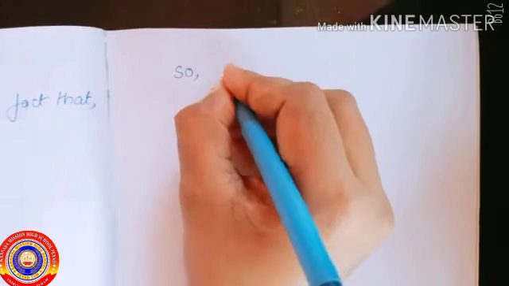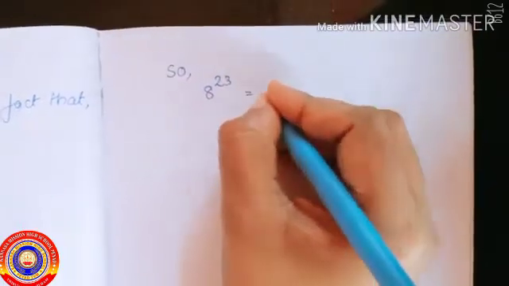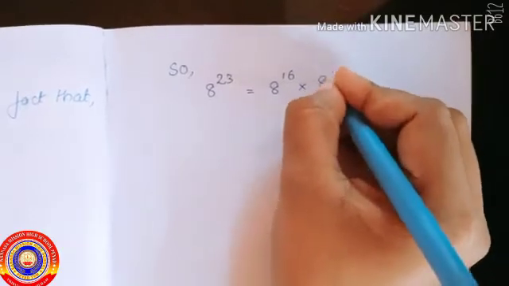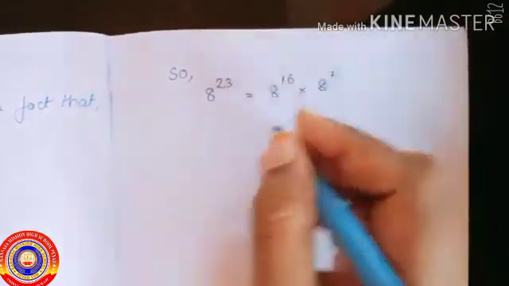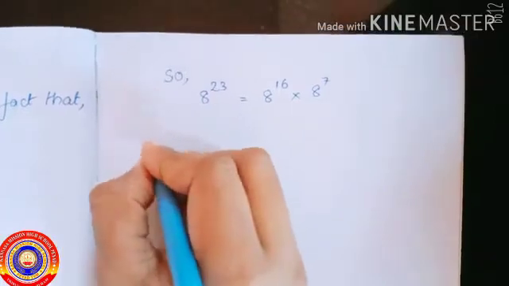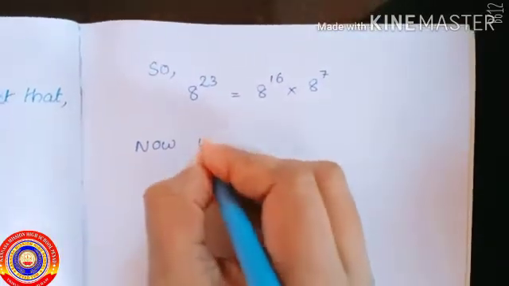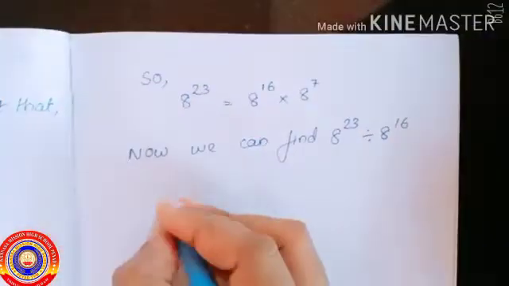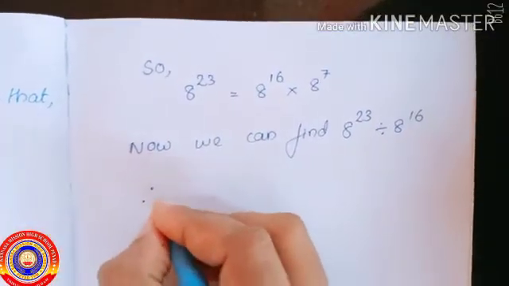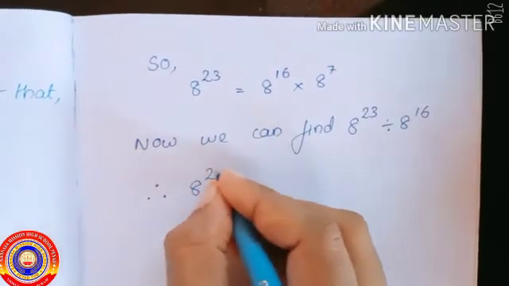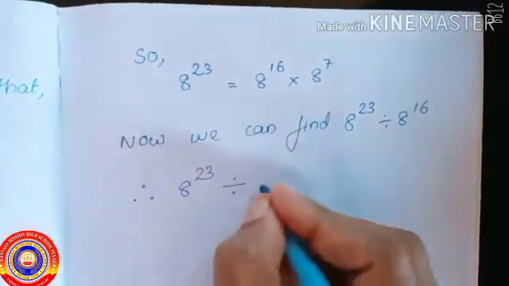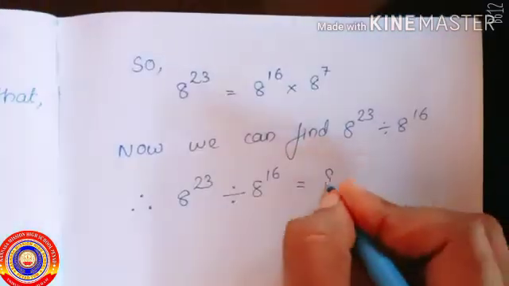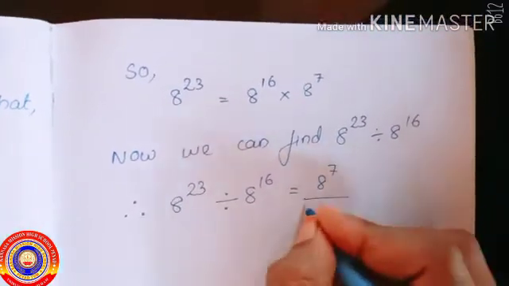So, 8 raised to 23 is equal to 8 raised to 16 into 8 raised to 7. Now we can find 8 raised to 23 divided by 8 raised to 16. Therefore, 8 raised to 23 divided by 8 raised to 16 is equal to 8 raised to 7.